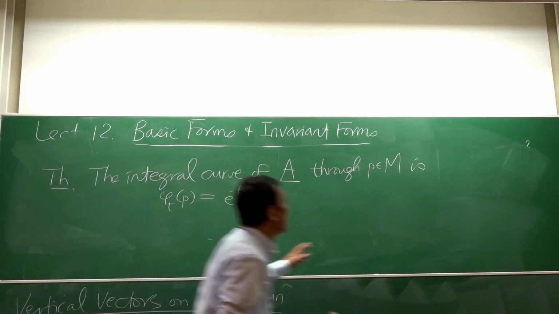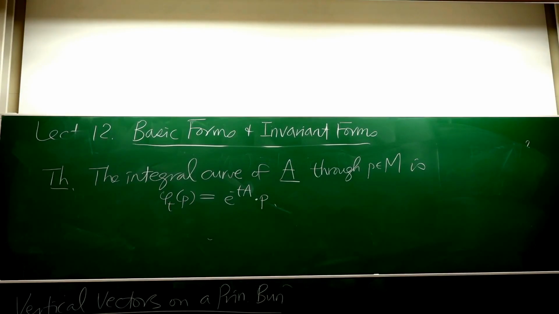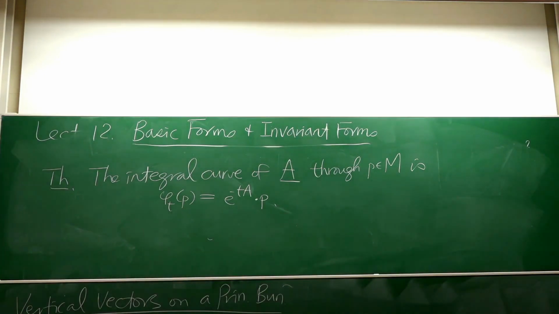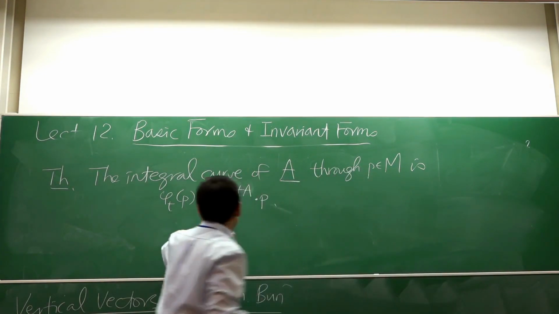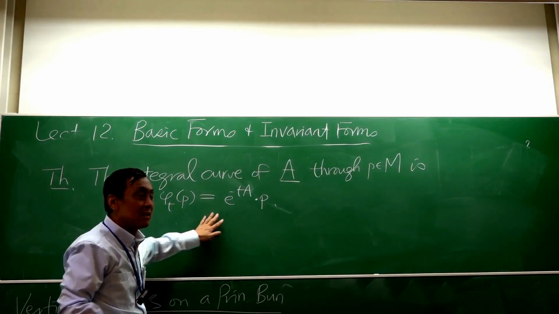You see, this only says that the derivative at 0 is the vector field at P. Now, to be an integral curve, you have to have the derivative at all time t. Okay?